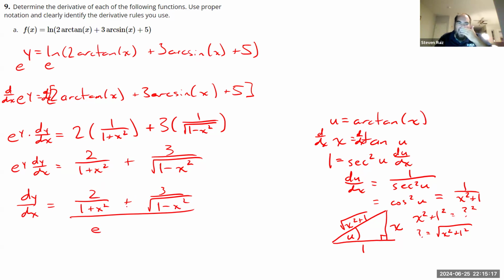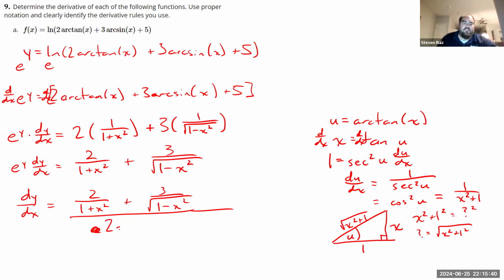But what is y? y was the very first thing we identified. Something else we can rely on is we said e to the y is equal to 2 arctangent x plus 3 arcsine x plus 5. So let's go ahead and substitute all that in for e to the y.